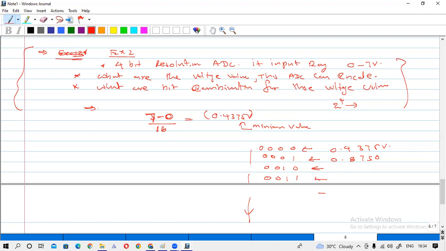Likewise you can find the voltage values and the bits.